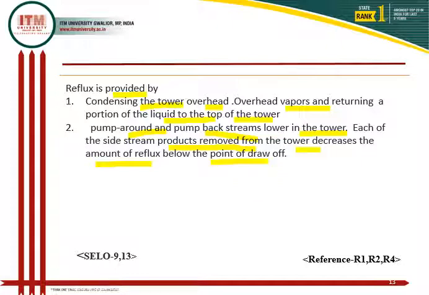If we go for removing the lighter fractions, then we have a lesser amount of oil for refluxing. So the refluxing can be provided by the condenser, putting that liquid to the tower and removing the side stream products.